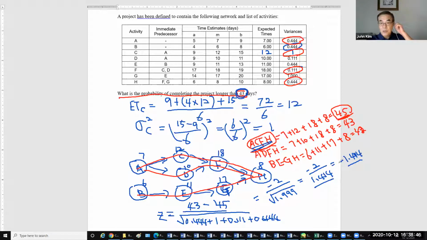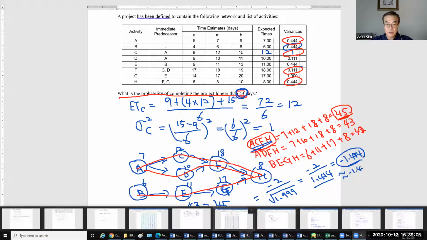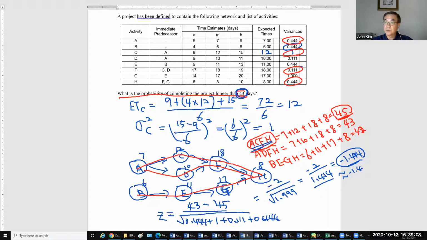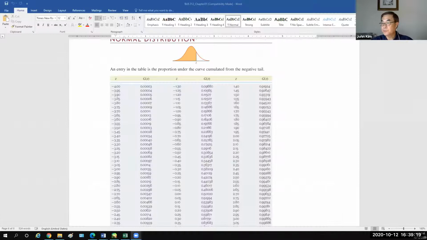So from a chart, try to find approximately negative 1.4. So from the normal distribution chart, try to find negative 1.4.